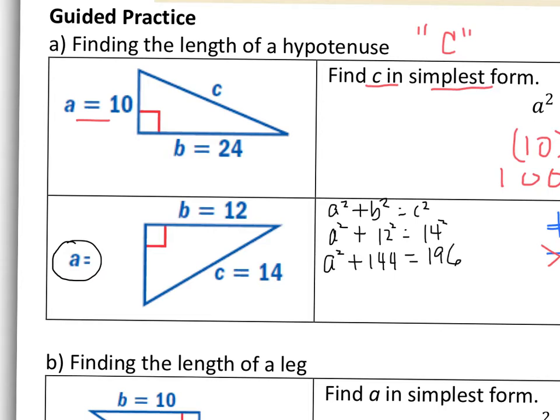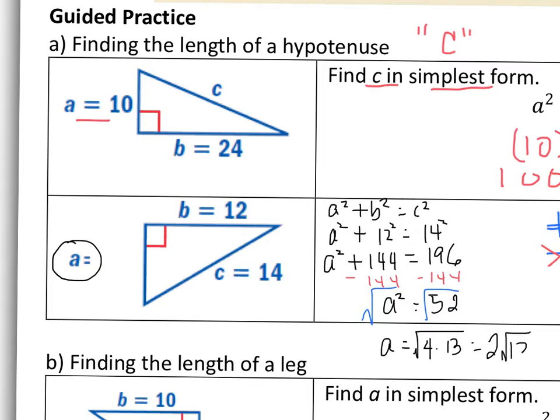We're going to have to subtract 144 from both sides. And then we'll take down A squared again. This will be 52. And then we're going to have to take the square root of both sides. Ignore the negative. So A would equal 4 times 13. And we're going to have to simplify all the way to 2 square root of 13.